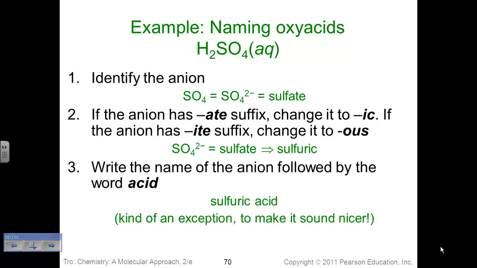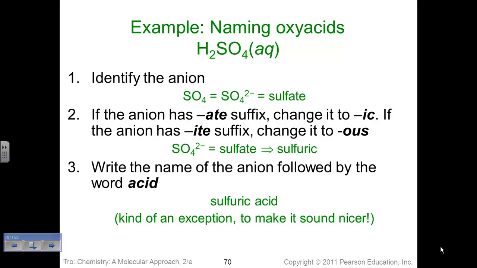It's kind of an exception because it just sounds better to say sulfuric than sulfic. I would take either, but knowing that sulfuric eventually will sound better to our ears as we learn this language of chemistry. Notice there is no hydro. It's not needed. It's letting us know it's an oxyacid. See, not hearing it is just as informative as hearing it. We know it's an acid because we said acid in the last name of it.